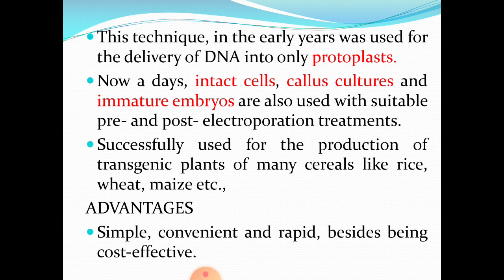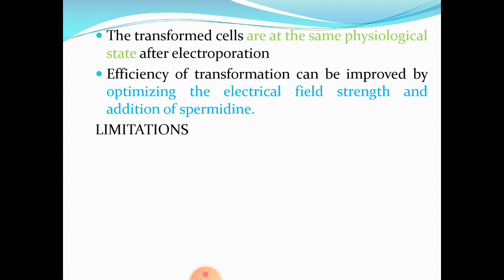The advantage of electroporation is that it is simple, convenient, rapid, besides being cost effective. It works out economical. Then, another advantage is the transformed cells are at the same physiological status after electroporation, a very important point to be noted.